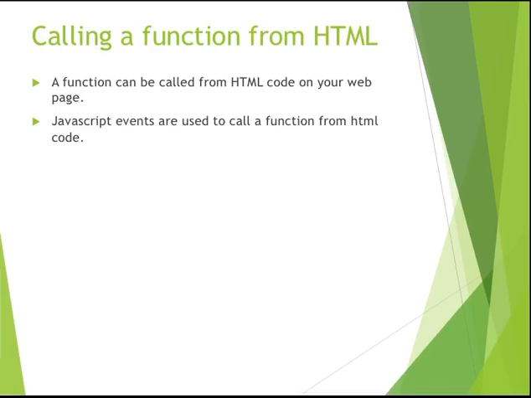For example, when you load a page, some event is going to occur, right? So when you load a page, some alert box is displayed. This can be done using HTML, that is, a function can be called using HTML code. We'll see with the help of an example how it is done.